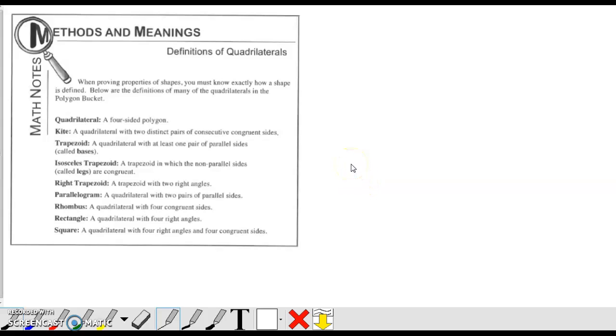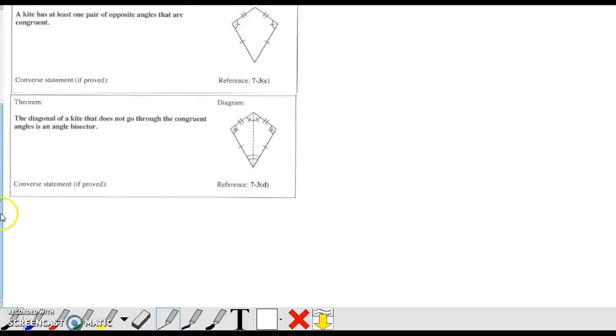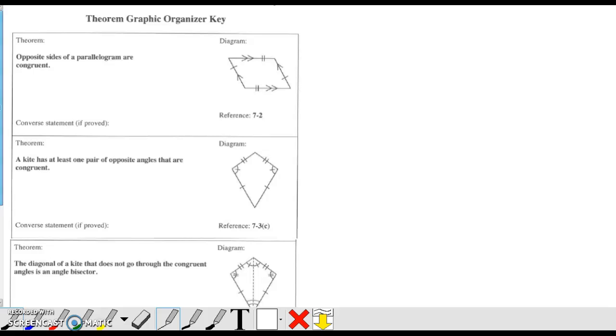You will also find that you will have a theorem toolkit. So these are basically what we've just proven in all of our problems. Okay. So our first one that we proved is that opposite sides of a parallelogram are congruent, and we proved that in our second problem. So not only are parallelogram sides parallel to each other, but now we know that opposite sides are congruent to each other.